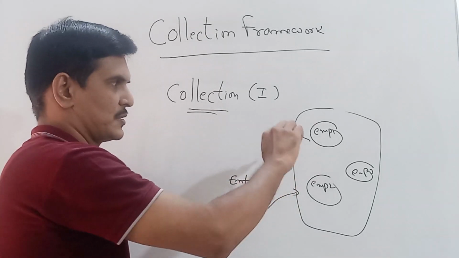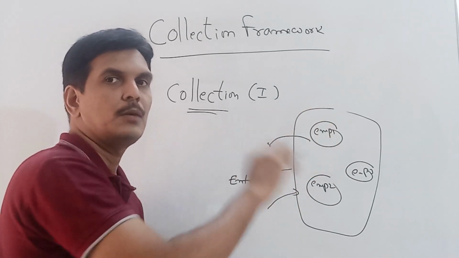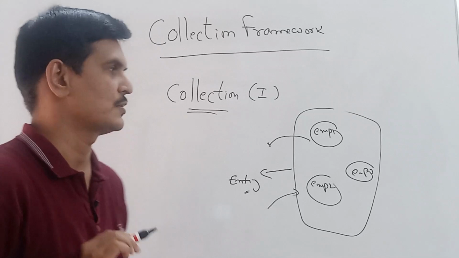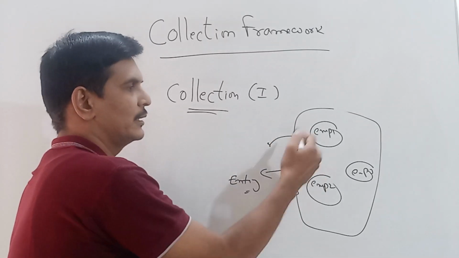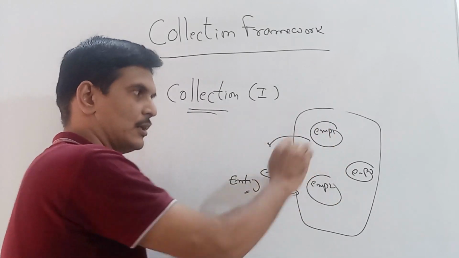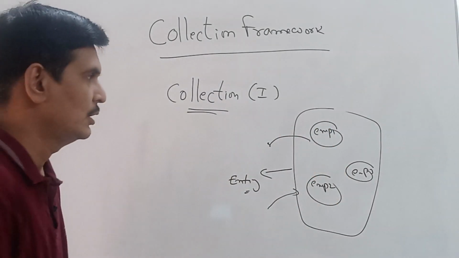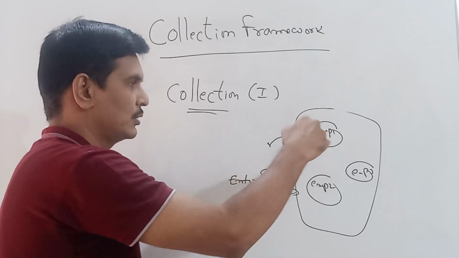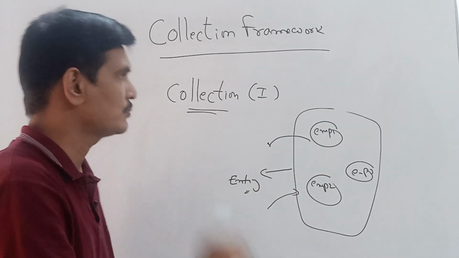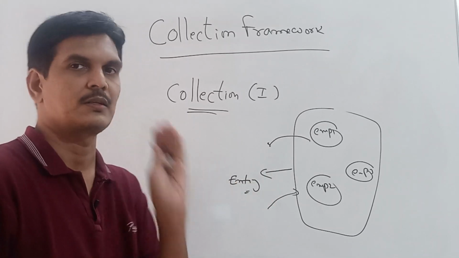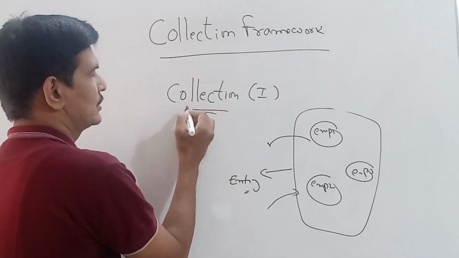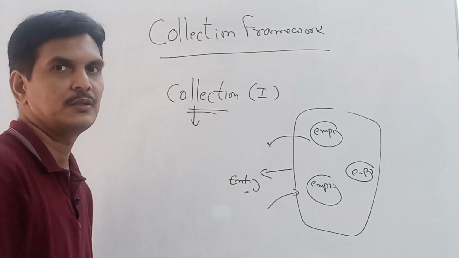These operations are common for all kinds of collections: adding a new object, removing an object, or verifying whether an existing object is available inside the collection. All of these we can do by using certain methods, and those methods are common across all the collection classes. Those methods are present inside the Collection interface.